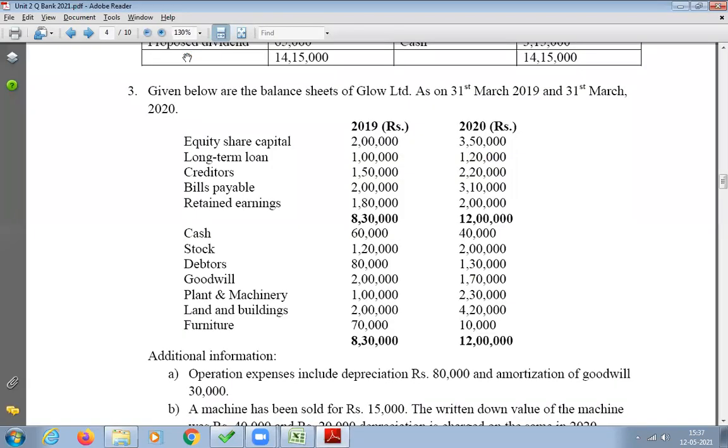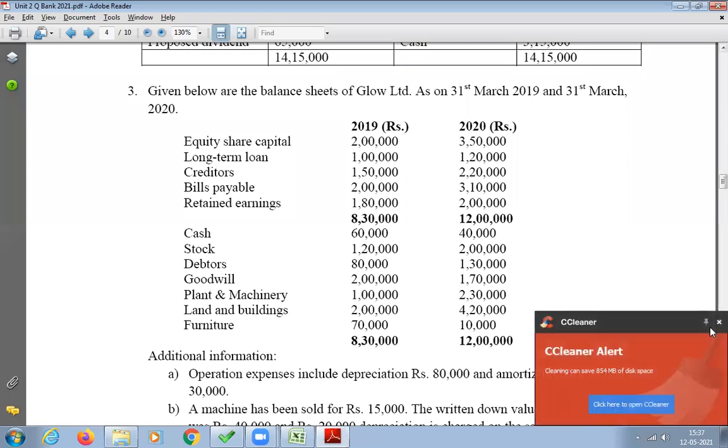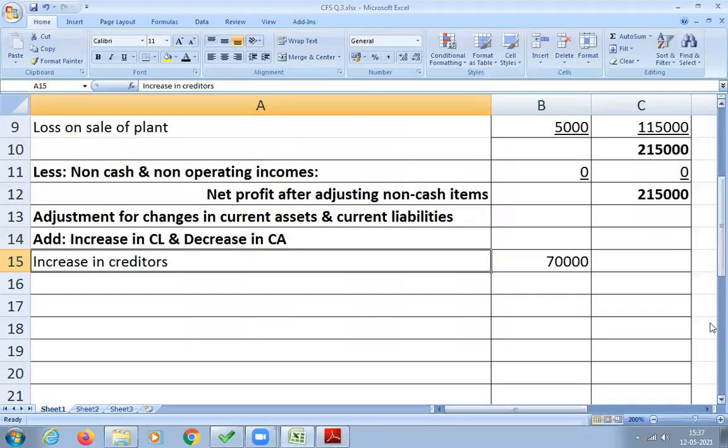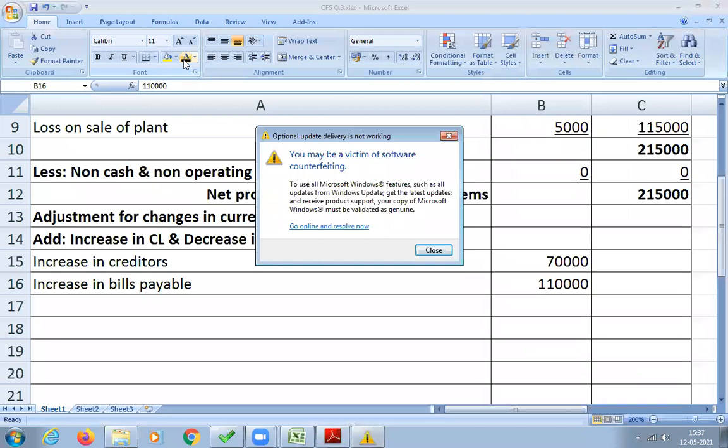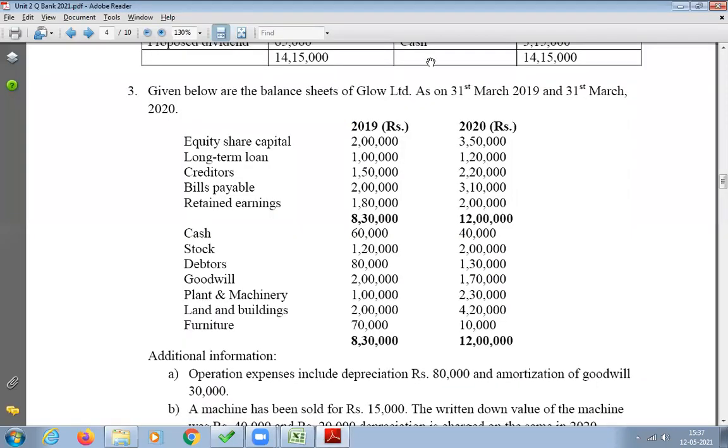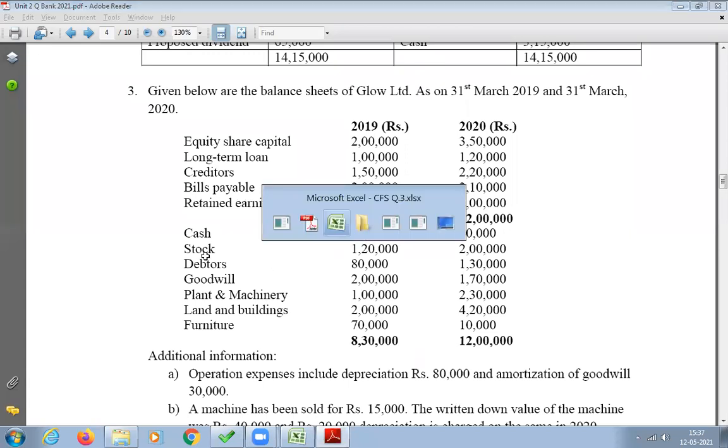Next, any other current liabilities increasing? Bills payable. How much is the increase? 1,10,000. So an increase in bills payable of 1,10,000. Any other current liabilities increasing? No, sir.